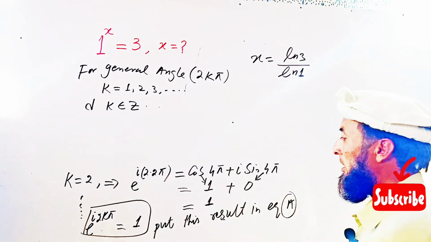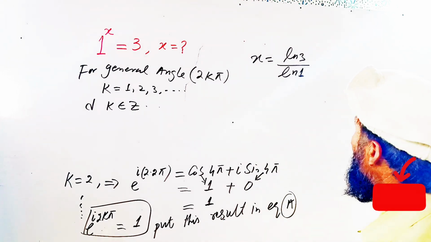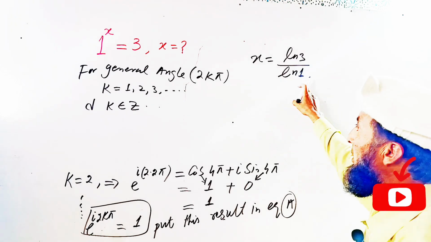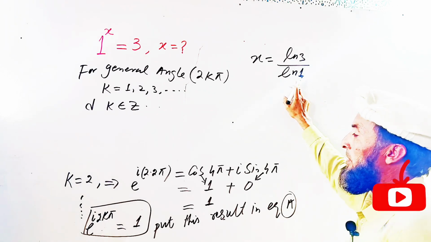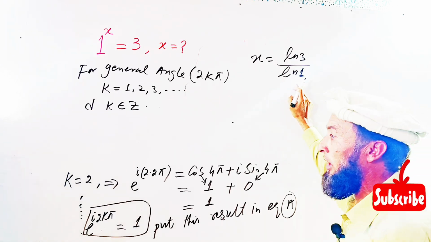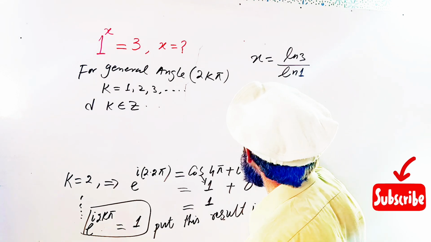As we have already seen, log of 1 gives an undefined case.